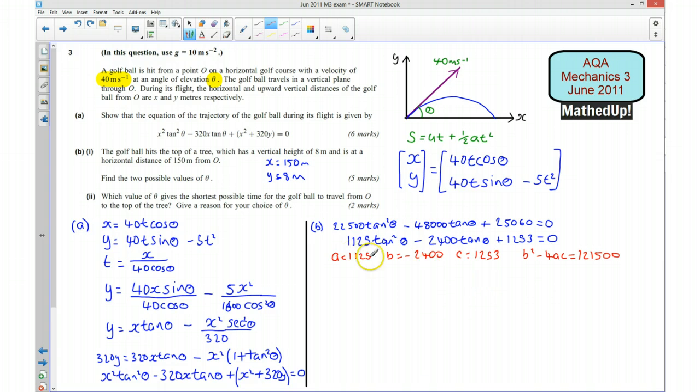Okay, and I'm now going to plug this into my quadratic formula.